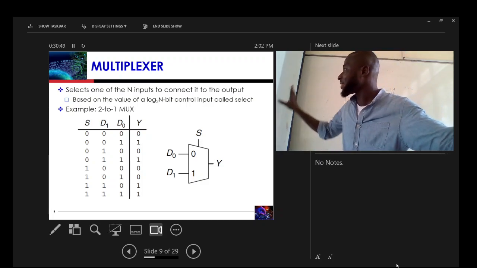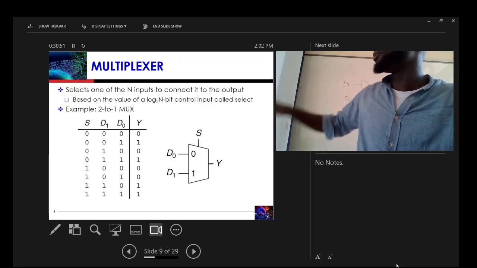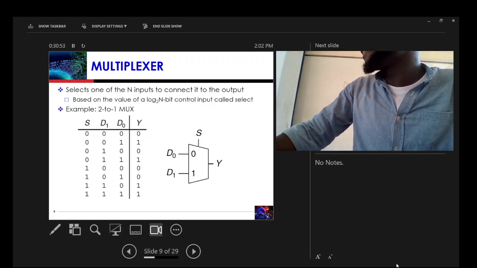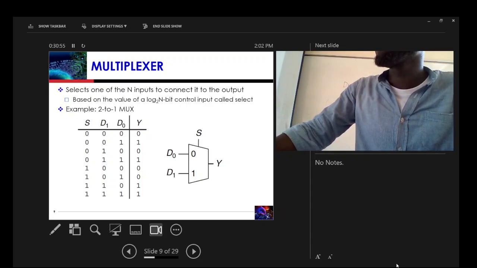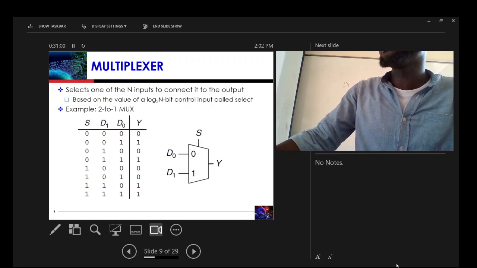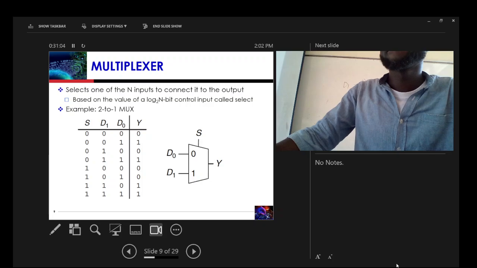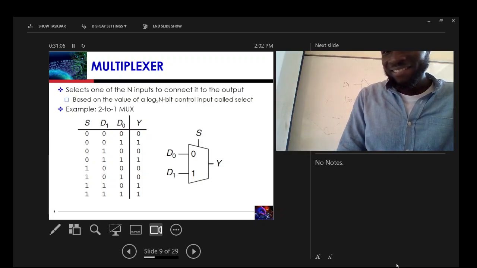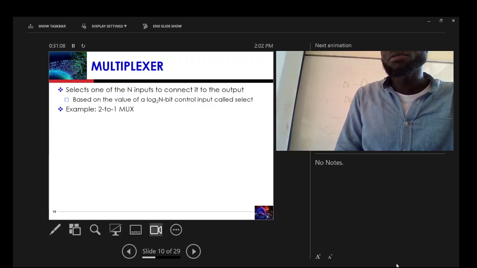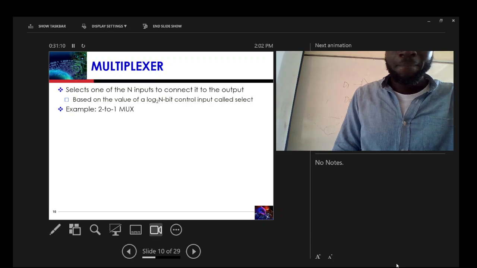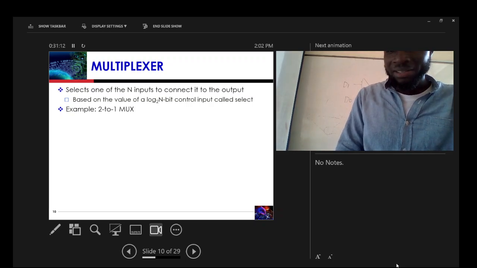Okay, so this is the symbol, as I said, of a 2 by 4 multiplexer. Can you use any logic gates to design the inner architecture of this? How will you do that? By looking at the truth table.